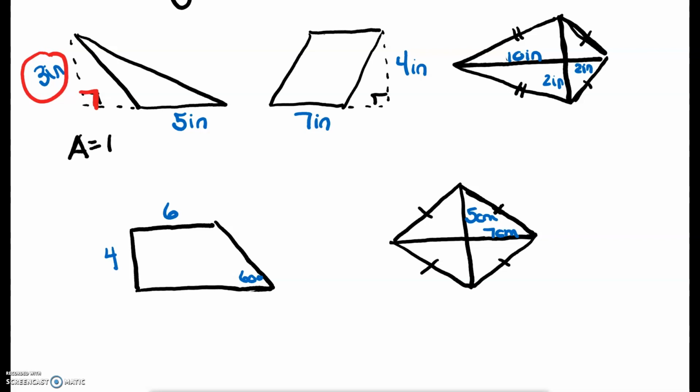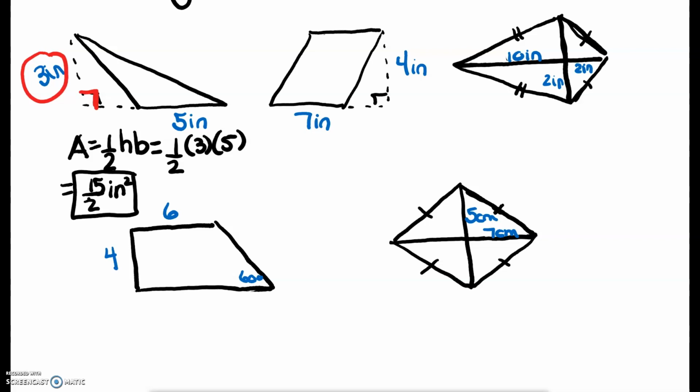Area equals 1/2 times height times base. So I have the area equals 1/2 times the height, which is 3, times the base, which is 5. So I end up with 15/2 inches squared.